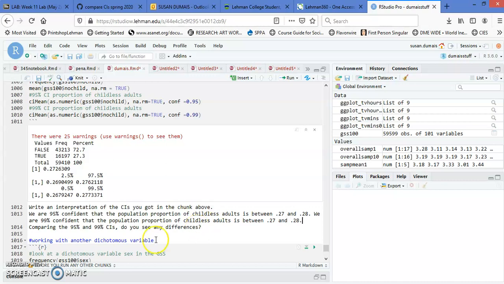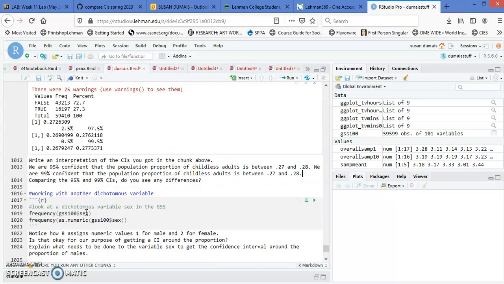With rounding, these end up looking exactly the same, but similarly to when we were looking at our other variable, you can see that the 99% confidence interval is a little bit wider than 95. Slightly wider than the 95% CI.